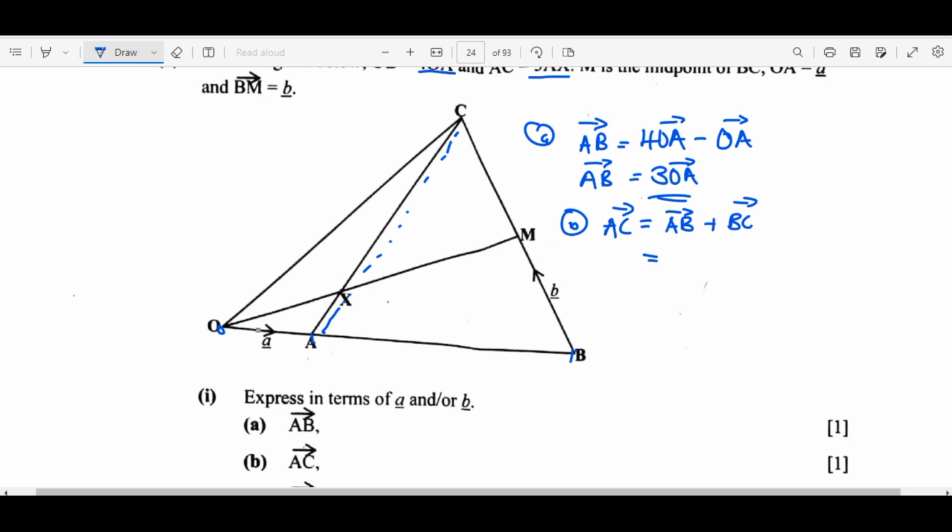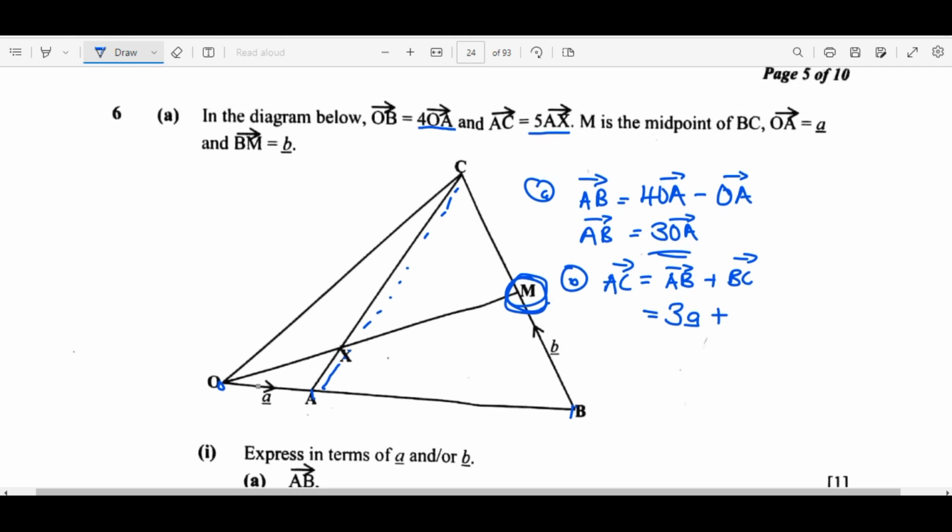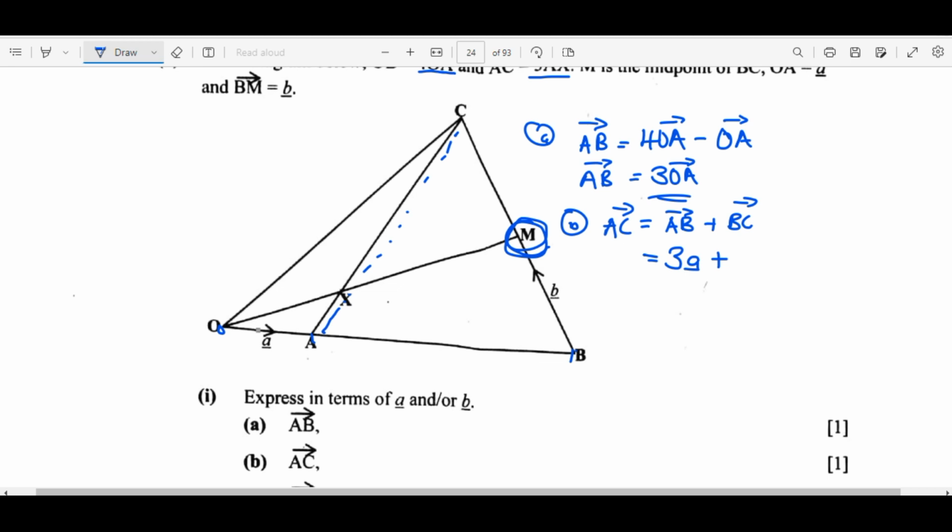So we can write 3A, and then plus, so here they said M is the midpoint of BC. So meaning that if we have BM, we have B, so here we have 2B.